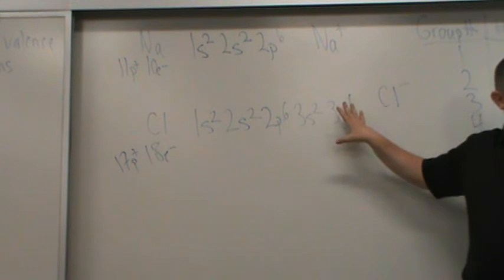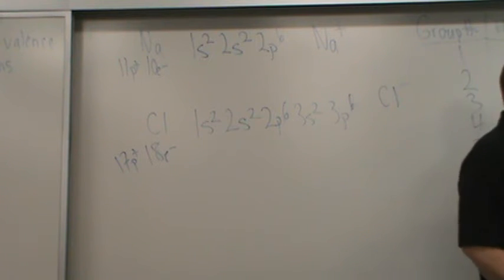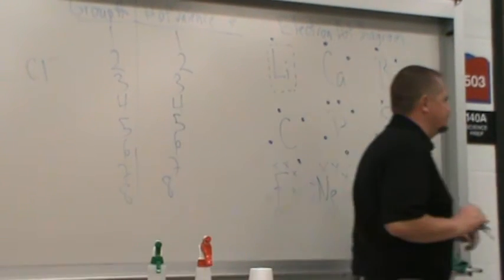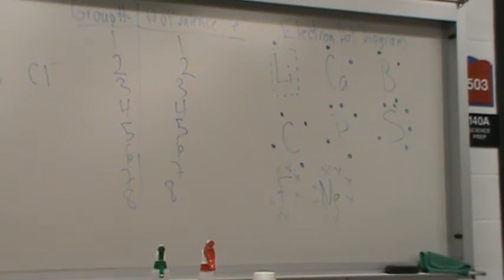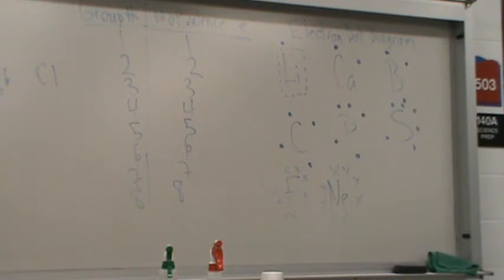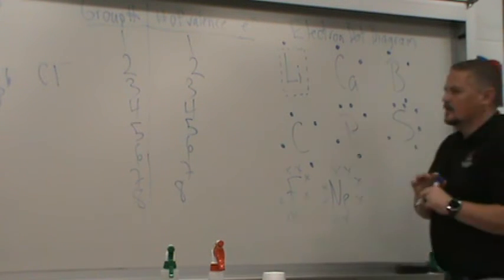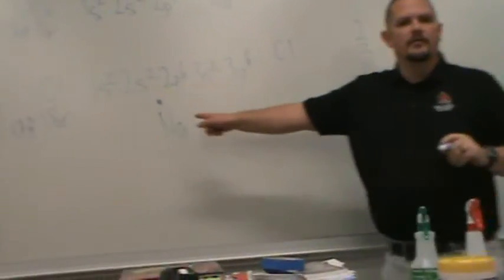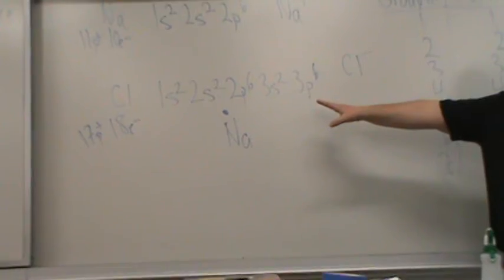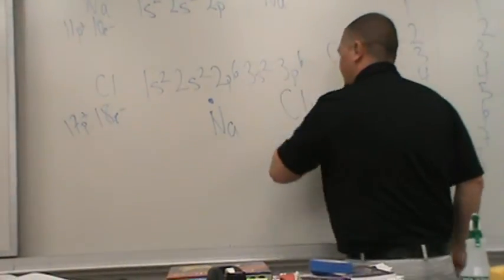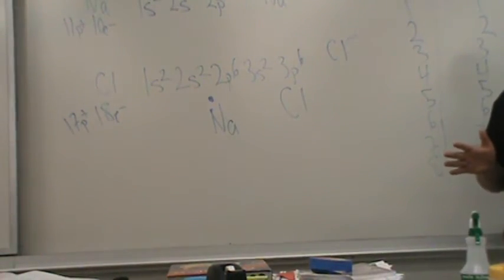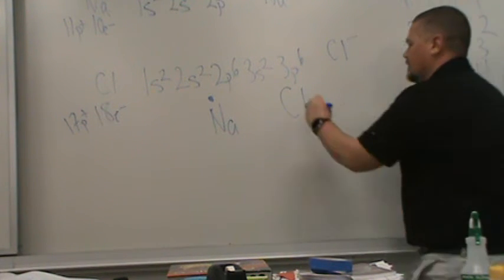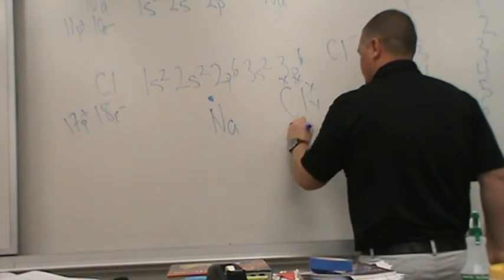So, can we see it this way? Let's show it with the electron dot diagram. Alright, so sodium has 1 valence electron, so we use 1 dot to represent it. Chlorine has how many valence electrons? 7. 1, 2, 3, 4, 5, 6, 7.